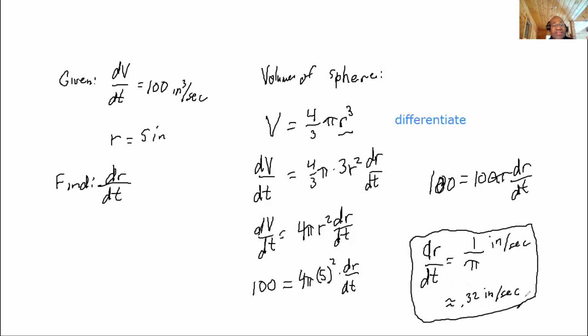So with a constant volume change of 100 cubic inches per second, at the point where the radius is 5 inches, the radius is increasing at about 0.32 inches per second. Now, once again, the radius at that moment affects how fast the radius is increasing. A larger balloon would actually yield a smaller change in the size of the radius.